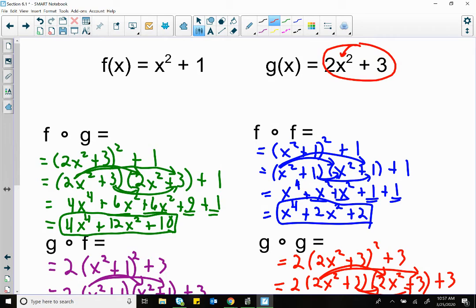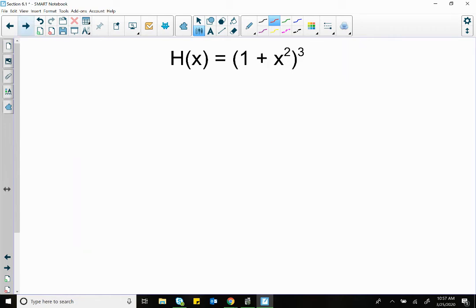Okay? Last but not least, in this section, they will give you a function. This one is h of x that's already been combined together, and they want you to take it apart. They want to know what's f of g for this function.